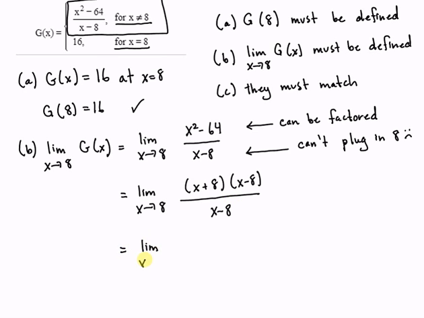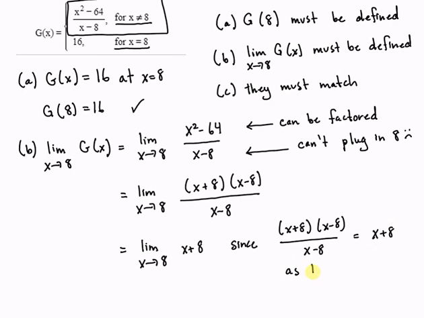I get the limit as x goes to 8 of x plus 8, since x plus 8 times x minus 8 over x minus 8 is equal to x plus 8 as long as x is not equal to 8.